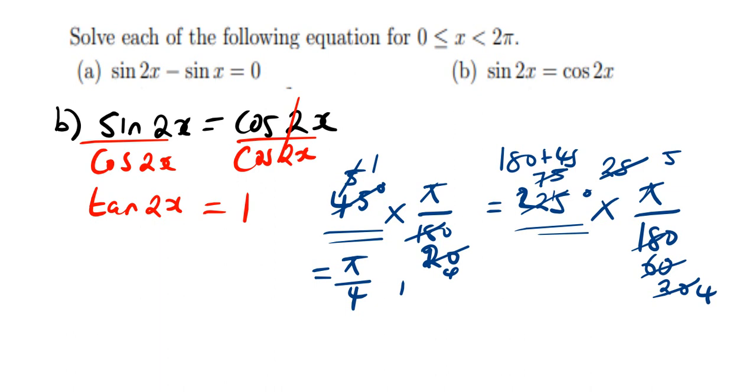So therefore this one converts to 5 pi over 4.